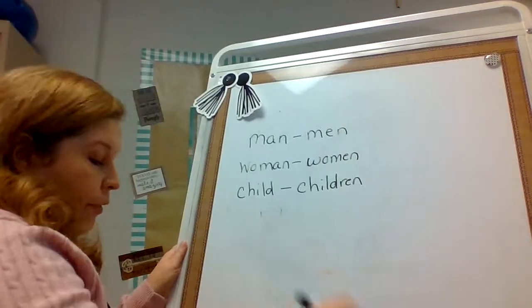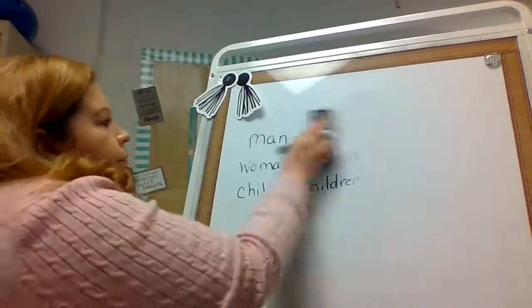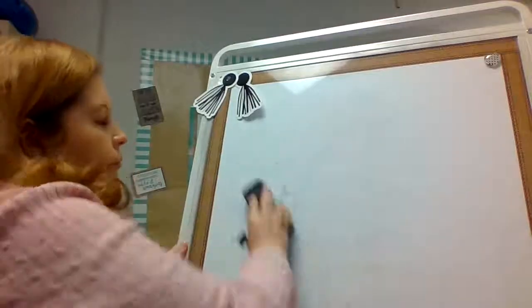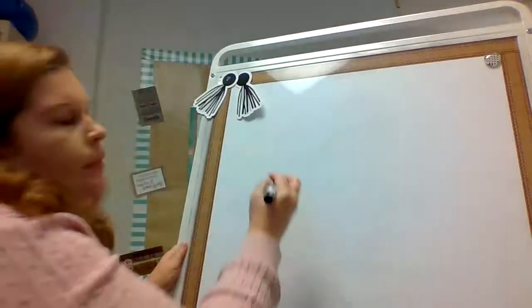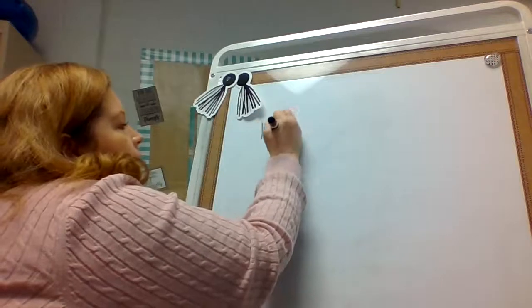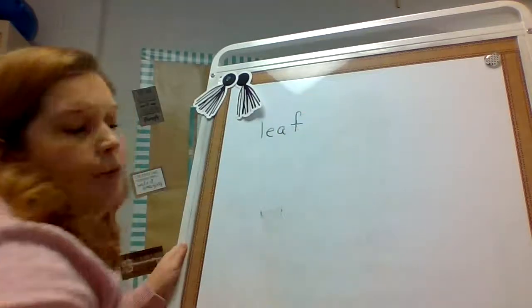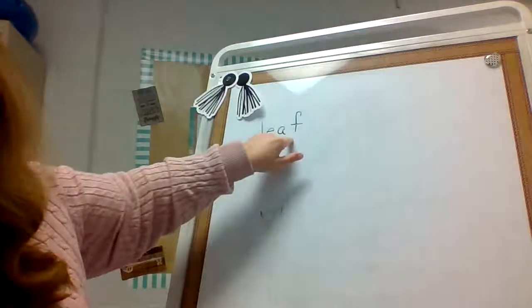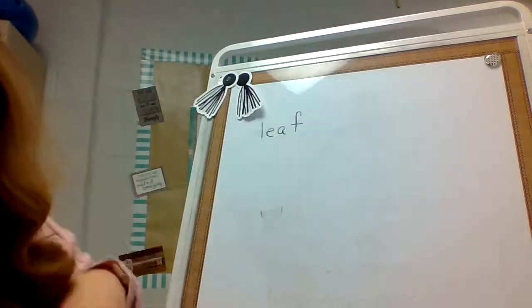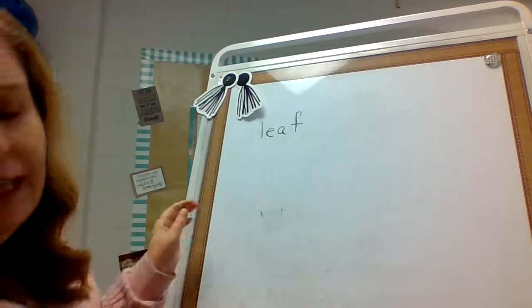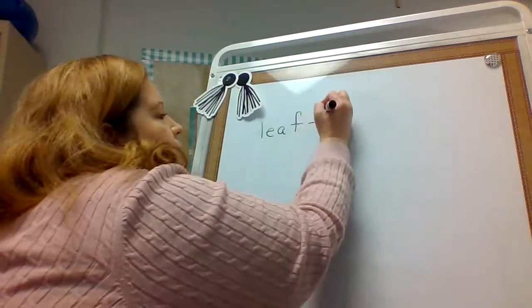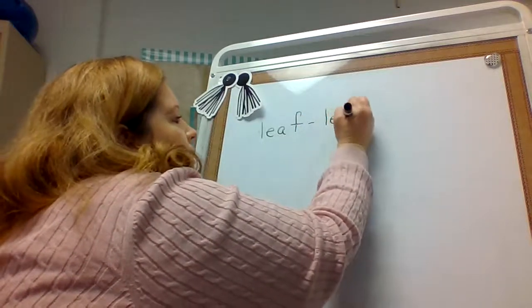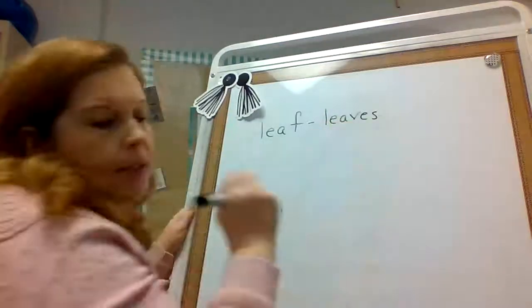Now, some other words, like if you have the word leaf, and I'm going to make it plural. Words that end in an F or an FE, you change the F to a V and then add ES. So this becomes leaves.